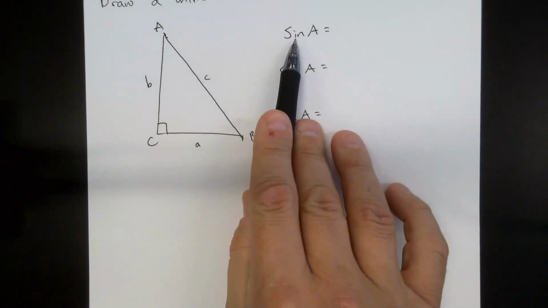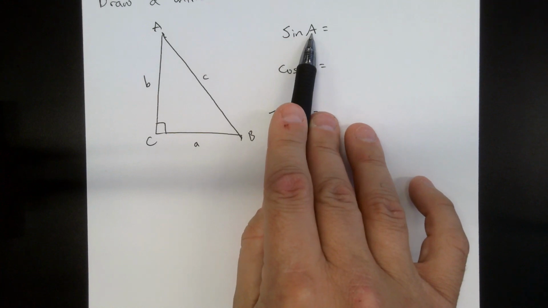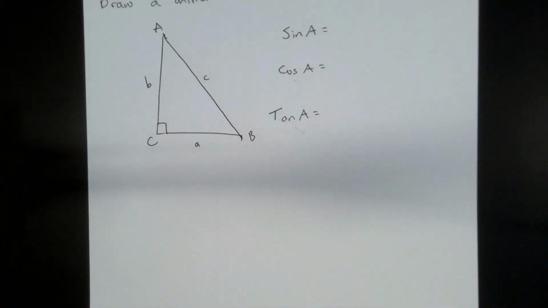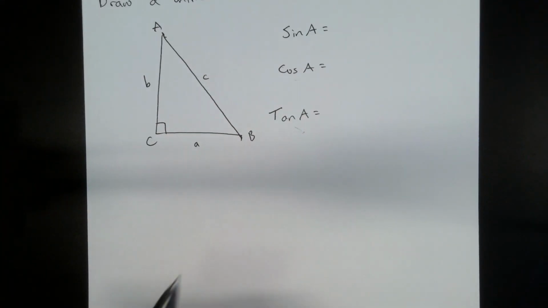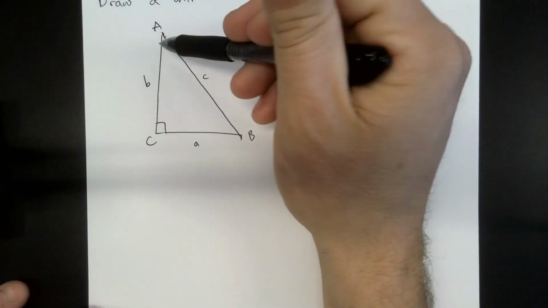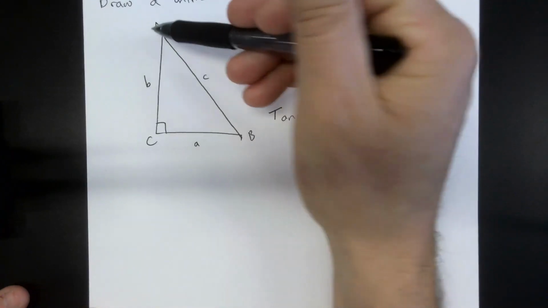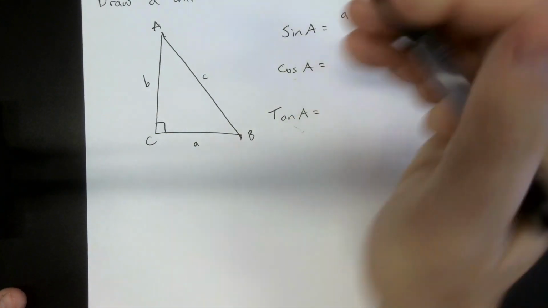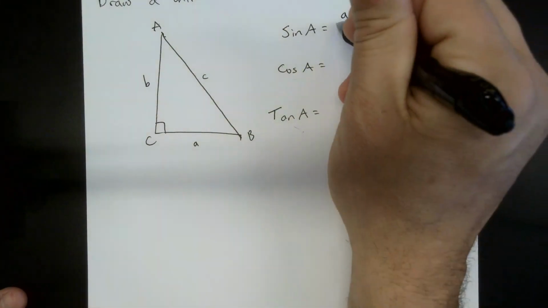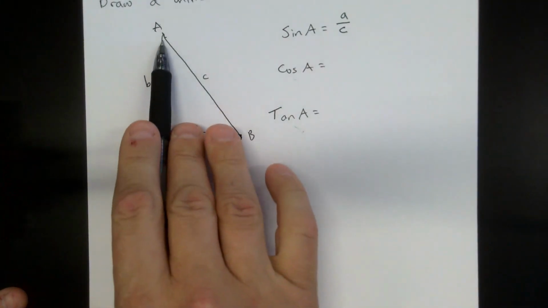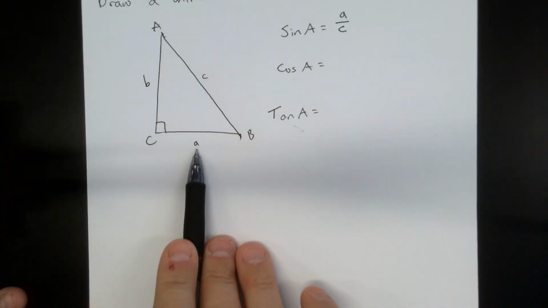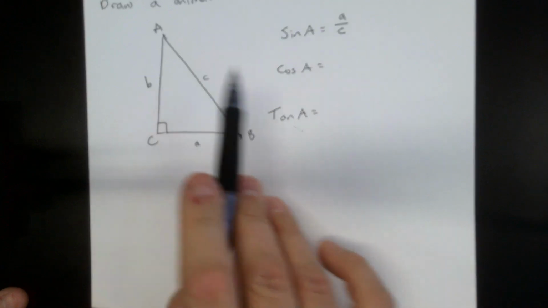So here we go. Sine of angle A. Now, if you remember back to your journal, sine equals opposite over hypotenuse. So, opposite angle A is little a over the hypotenuse. So, sine of angle A is opposite over hypotenuse.